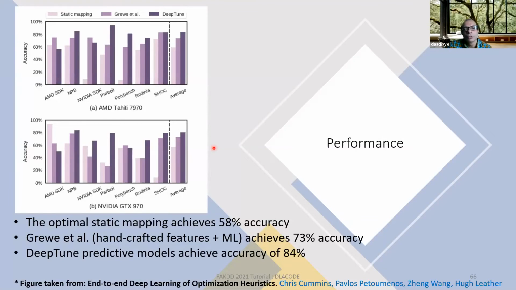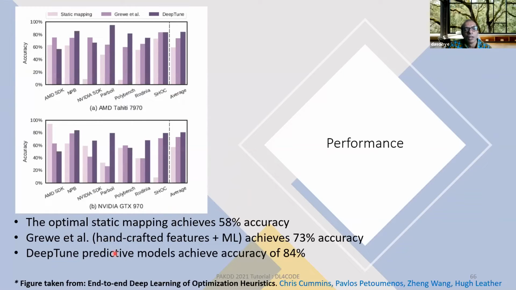If you look at performance for this work, they compared it with two other works. One is called optimal static mapping, which is nothing else but asking, for a large class of kernels, is CPU mapping better or GPU mapping better? They just run it and say, okay, GPU is better, so just use GPU as the mapping, or CPU is better, so use CPU. That achieves only about 58% accuracy over all these various benchmarks.